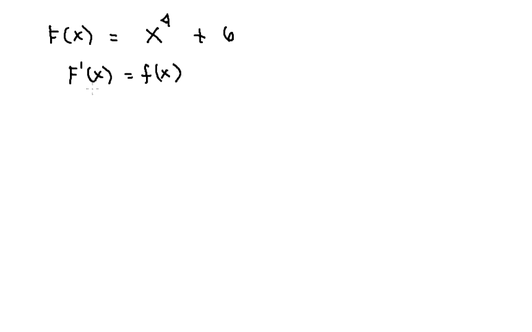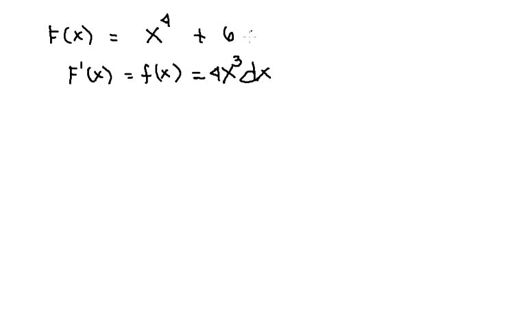f prime of x, or we can simply represent this as small f of x. Then its derivative is just 4, then x, then 4 minus 1 is 3. Do you remember your calculus? So we have 4x cubed dx.